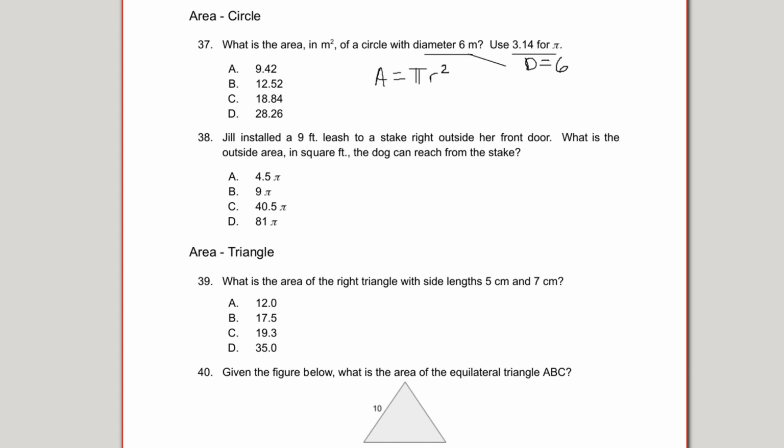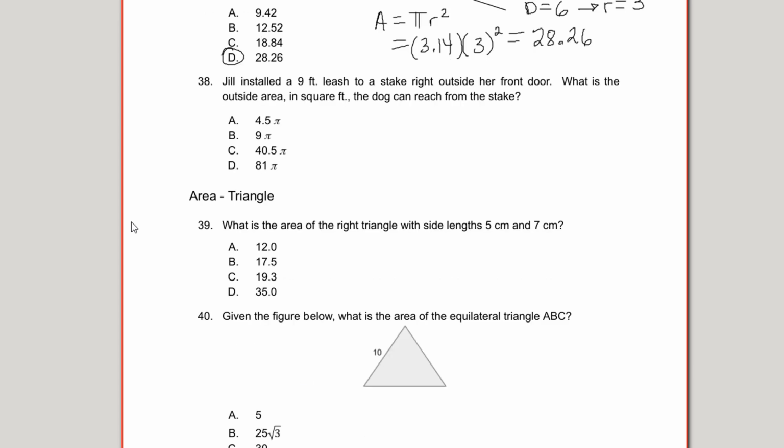If diameter is 6, then we know that r is half of that, which is 3. So we can plug this in. We're to use 3.14. Don't forget to square your r. So really that's 9 times 3.14, and we get 28.26, which is answer choice D.